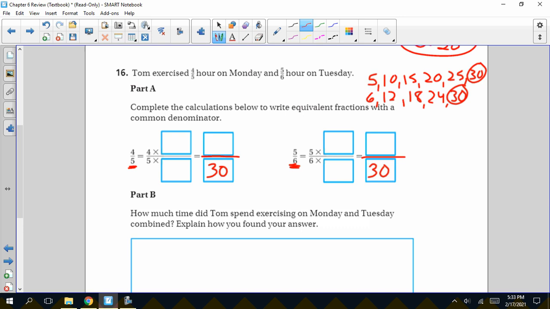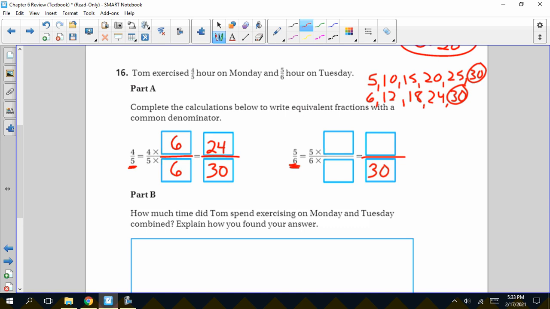What do I multiply the 5 by to get 30? We do 5 times 6 to get 30. And whatever we do to the bottom, we must also do to the top. So remember, when we're multiplying the bottom and the top, that's just like a fraction with the same number on top as the bottom. We do then 4 times 6 and we get 24.